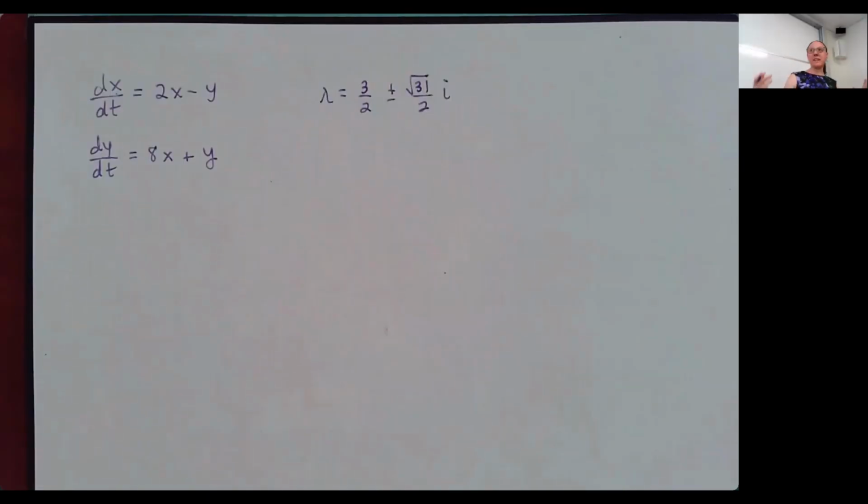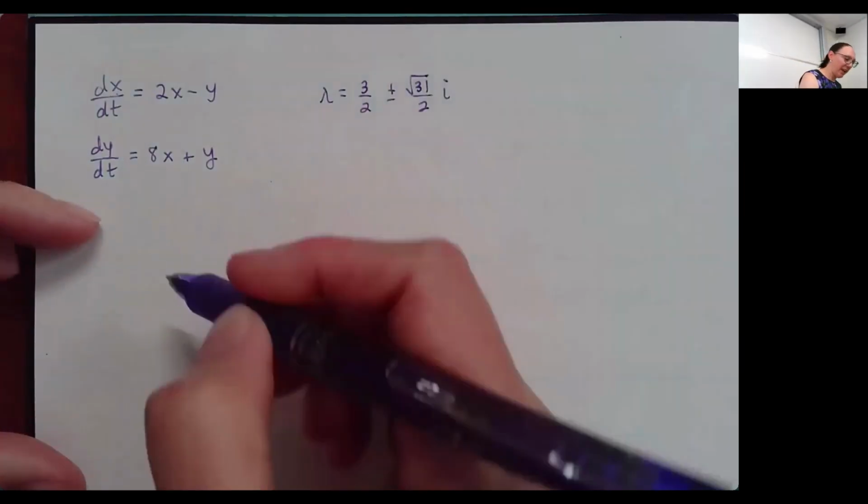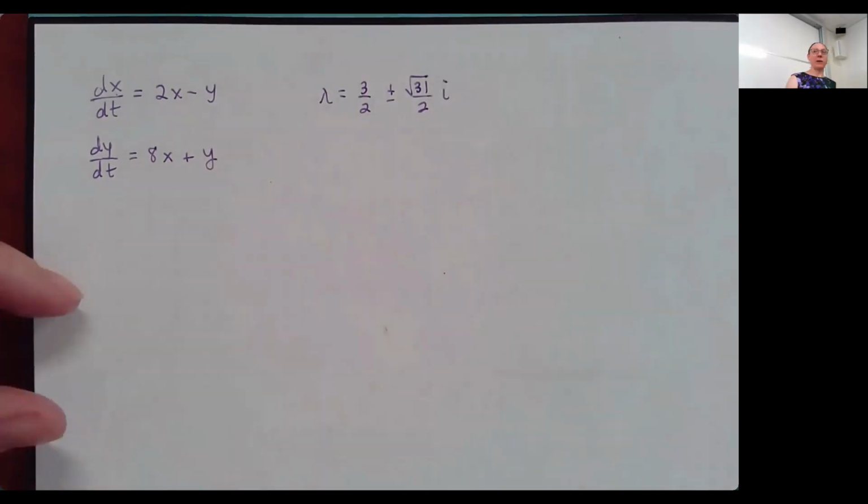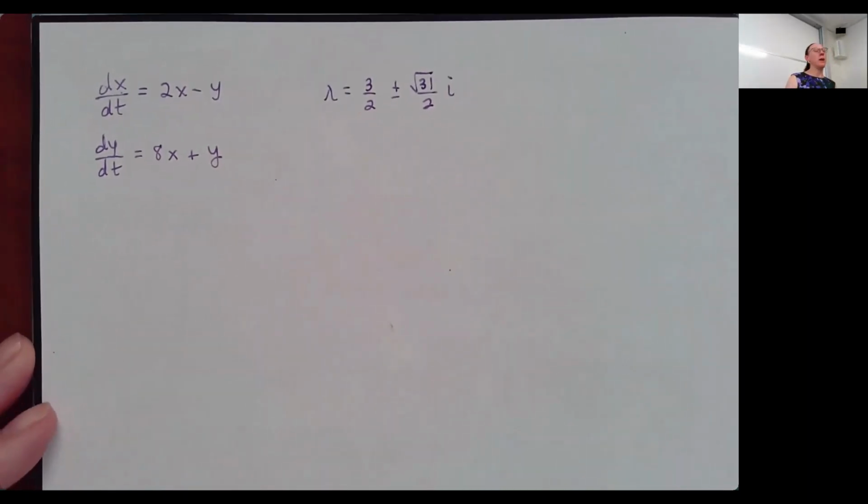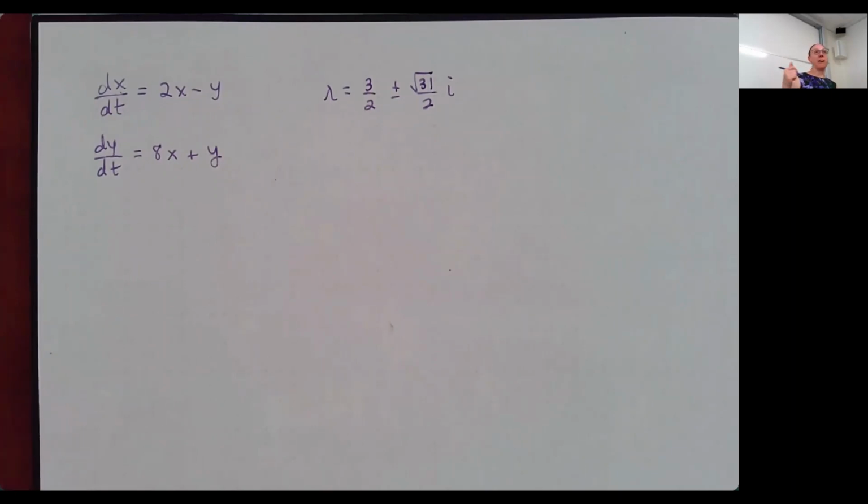So there are two pieces to this. In terms of seeing that spiral behavior, we can do that by graphing some vectors in a direction field to see what that spiral behavior looks like. To get at the stability piece of this, we really need Euler's formula.